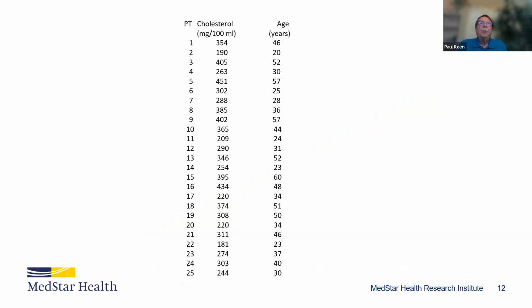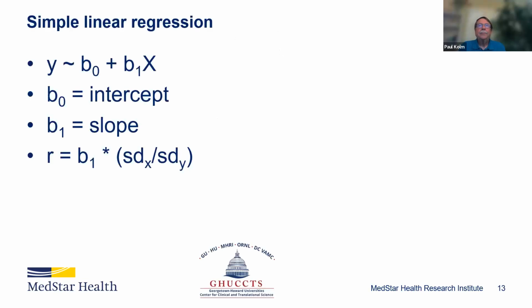So let me give you an example here where I have some values of cholesterol and age. I'm going to regress cholesterol on age and look at this regression to see what we get.